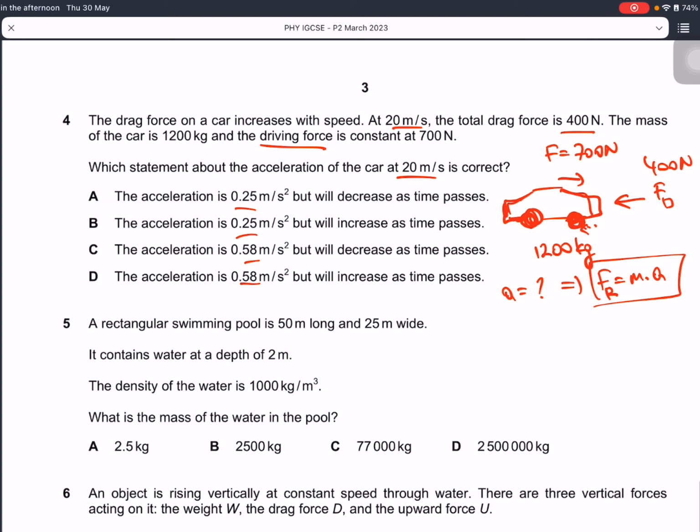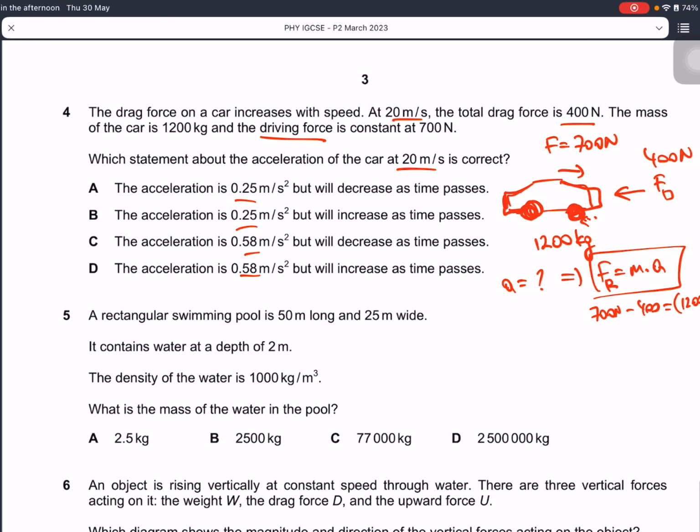So 700 Newton to the right, 400 to the left based on our picture, equals the mass, 1200 kilogram, times acceleration. So the resultant force is 300, 300 divided by 1200. When you calculate this, you end up with 0.25 meters per second squared.